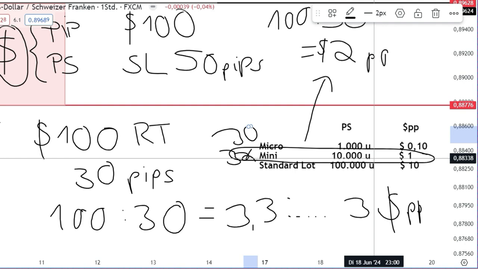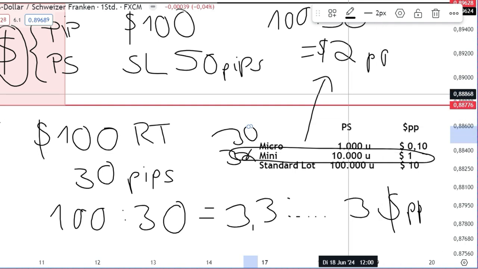So you see, if you have understood the 3 important facts, your own risk tolerance, so how much money you personally want to risk, then you know your stop loss, and then from that you can calculate your position size. This is what you need to do for your own risk management.